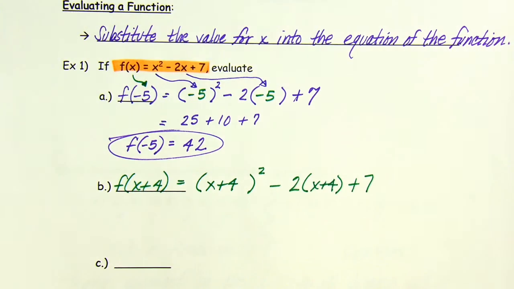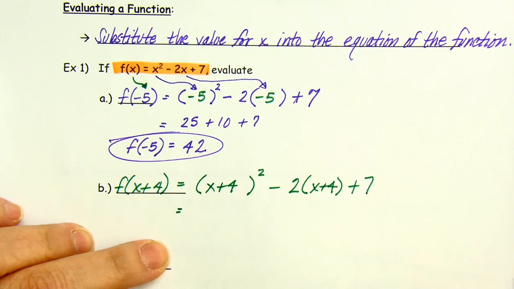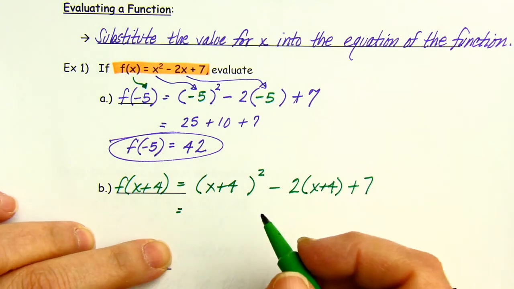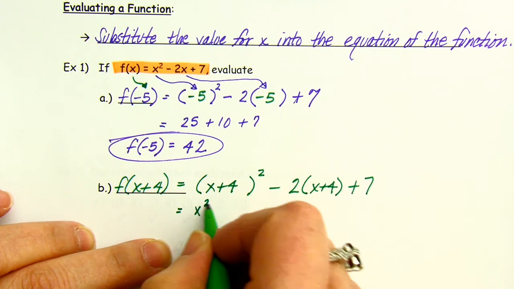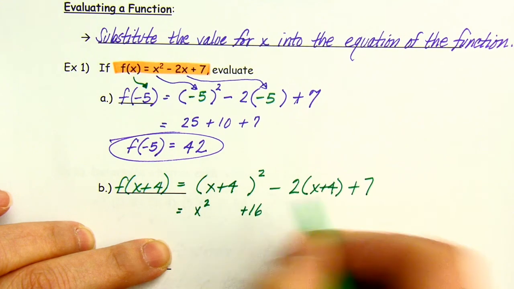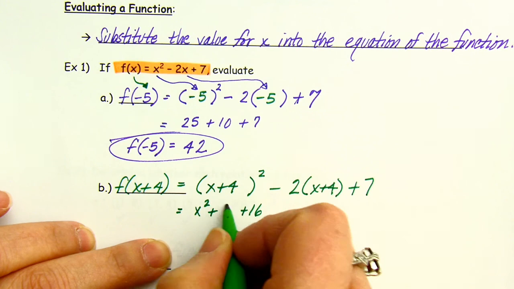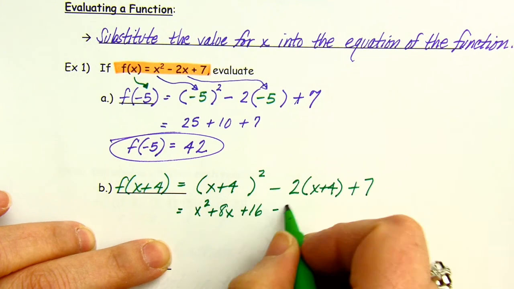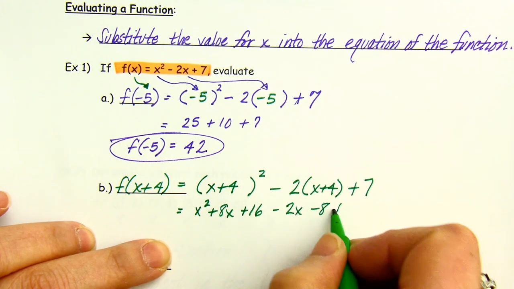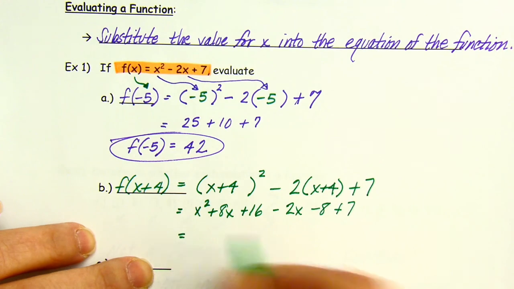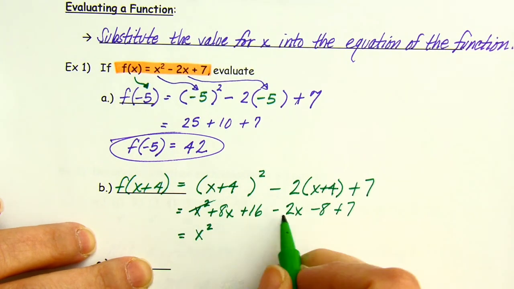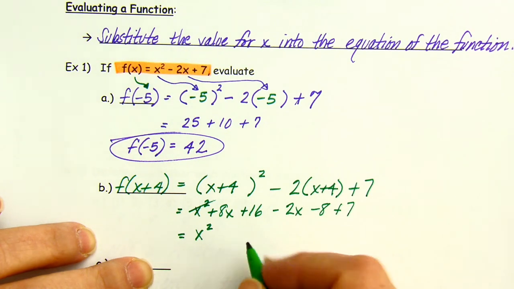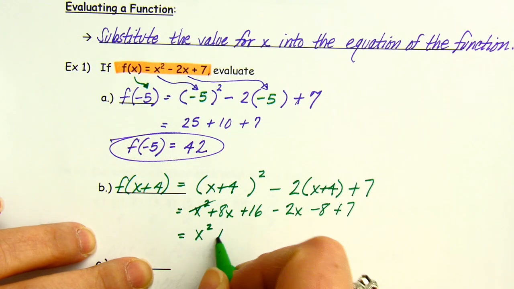These kind are a little bit more work because you have to square out this binomial. And if you know how to square a binomial pretty quick, you're golden, all right? Square the first, x squared. Square the second, plus 16. First times second, then double, plus 8x. Distribute minus 2x minus 8 plus 7. Combine like terms. I only have one x squared term, so that goes there. Linears: 8 subtract 2 is 6.